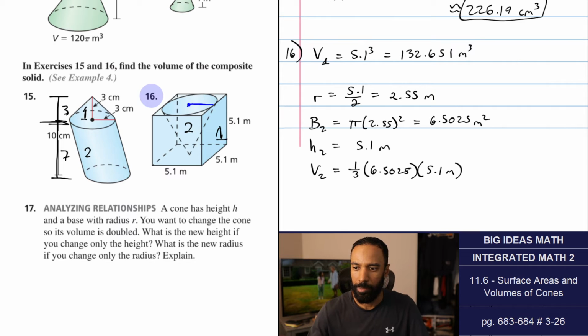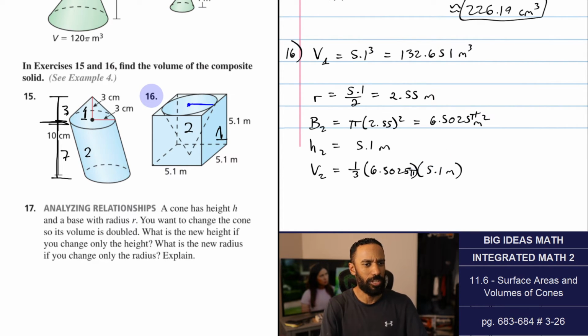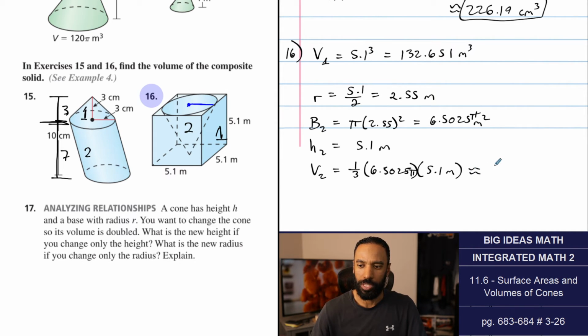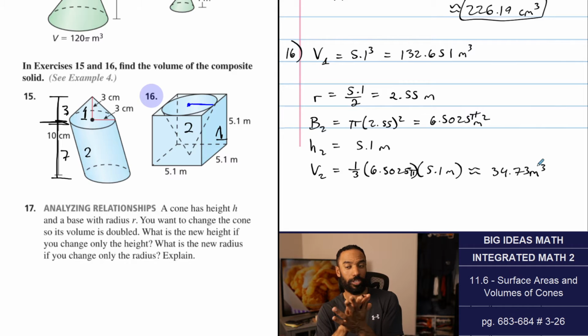I'm missing pi. Times 5.1 times pi. Okay, so remember, this is rounded: 34.73 cubic meters. I have that stored on my calculator right now.